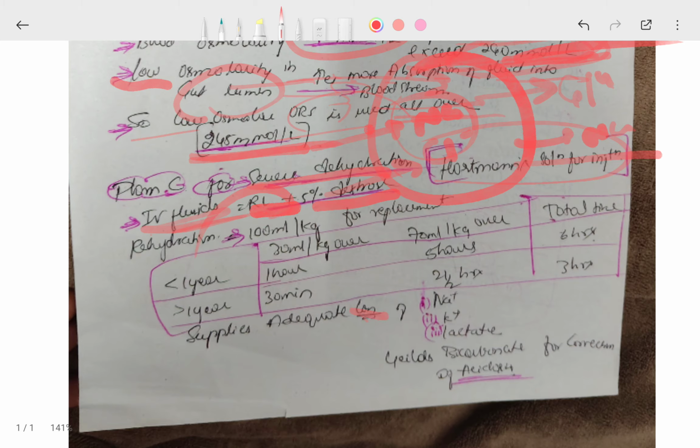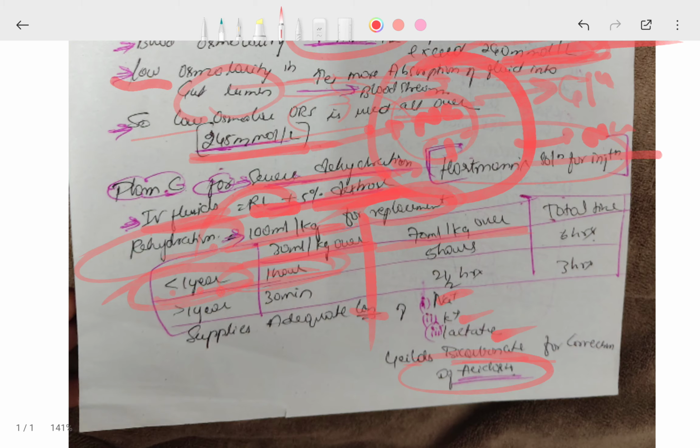In ringer lactate you will have electrolytes, sodium, potassium and lactate supplied, and bicarbonate is also supplied, which will prevent acidosis, and 5% dextrose is for energy. For rehydration, you will give 100 ml per kg replacement. You will divide it into the first 30 ml and the next 70 ml. If the child is less than 1 year, you have to give it over a longer time. You should not give it as a bolus.